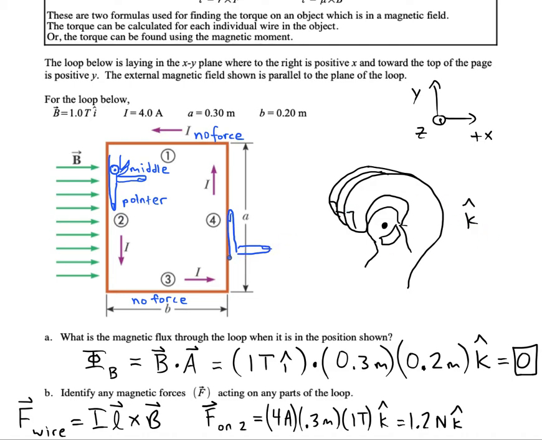And this time your thumb is going to point down into the page. So what force do we have? We've got positive 1.2 k-hat on wire 2. We're going to have negative 1.2 k-hat on wire 4.